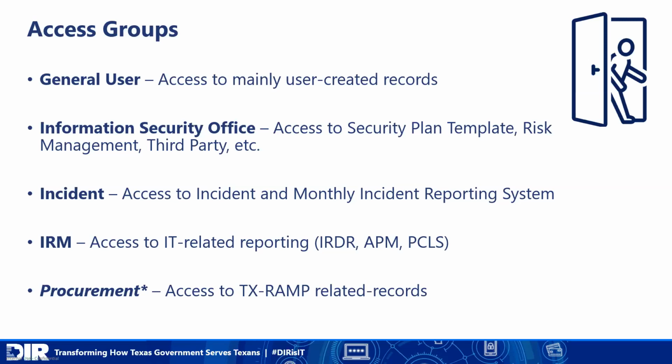So that's the IRDR, the APM and PCLS, and then some asset inventory applications. And then the new one here is procurement, and this will permit access to just the third-party applications that are relating to StateRAMP records. So not all of the agency engagements, but only those that are designated as StateRAMP, as well as the ability to request StateRAMP assessments and the agency sponsorship for provisional certification.